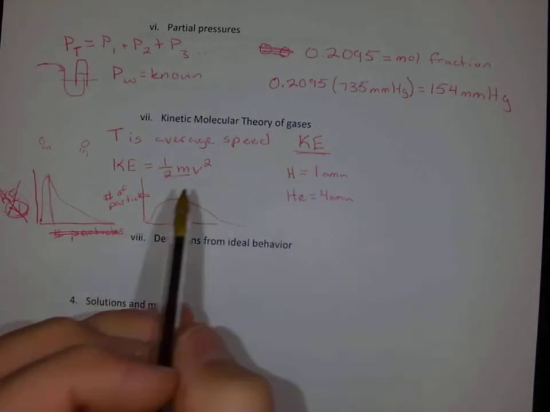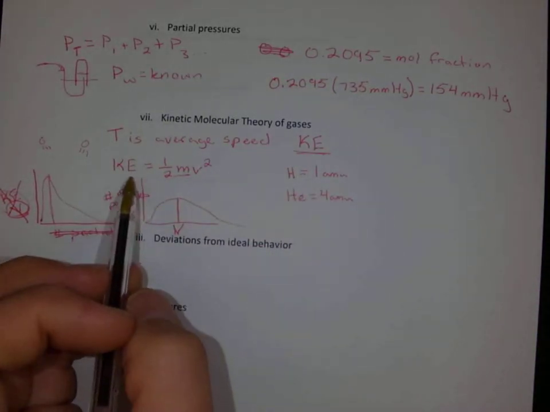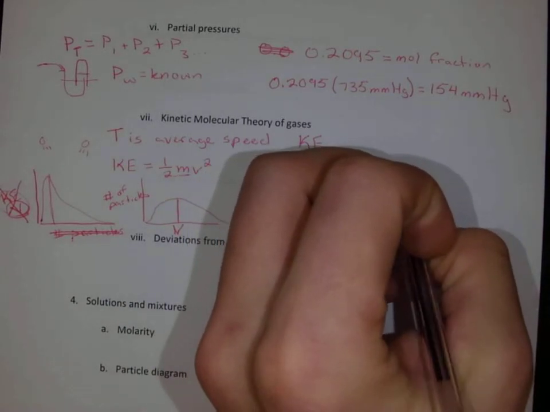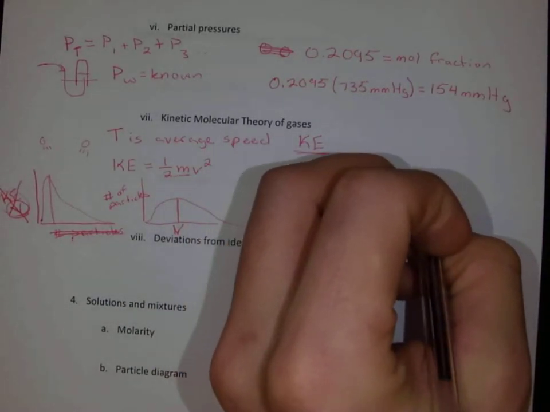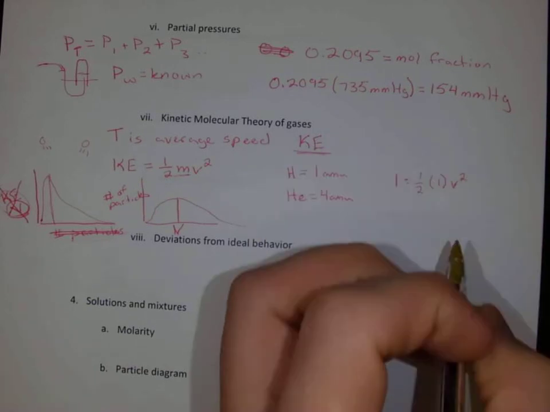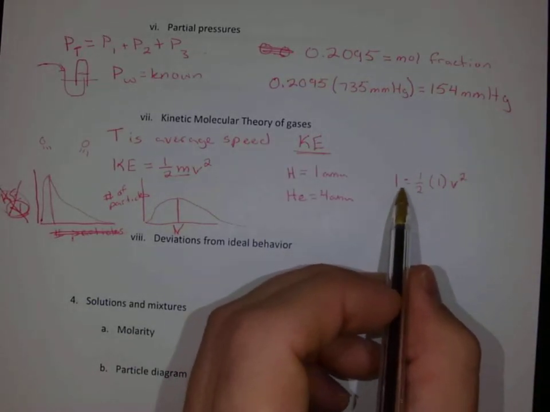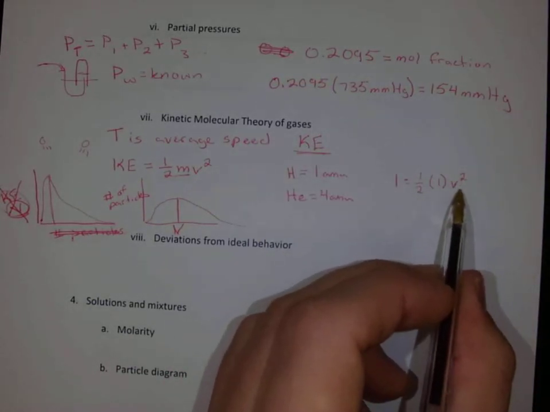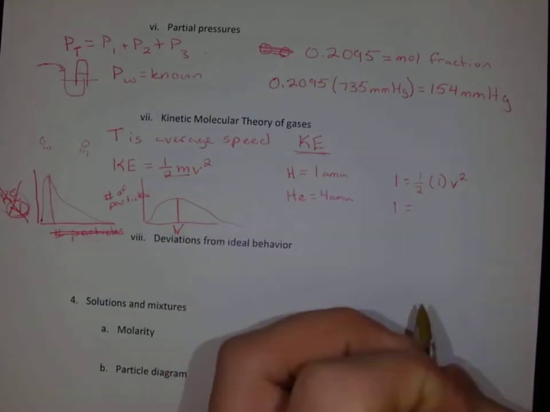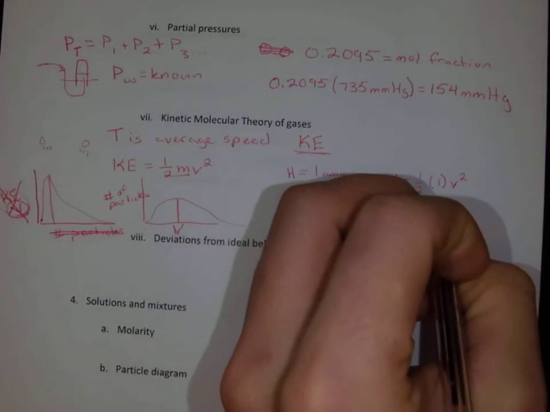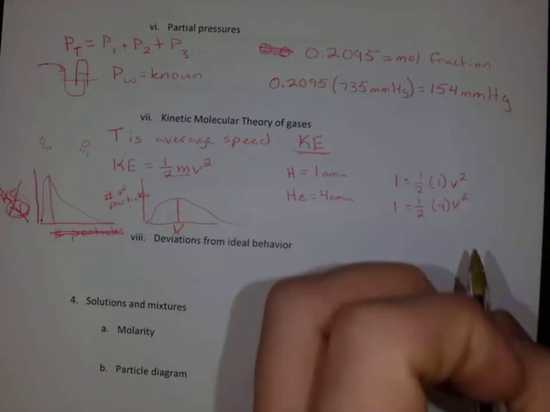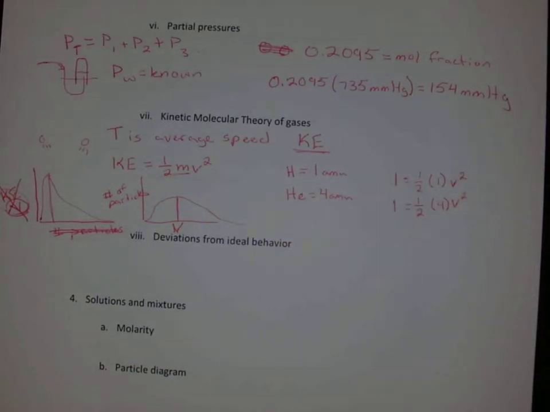So my hydrogen, to have the same kinetic energy, say it's equal to 1: 1 equals 1/2 times 1 times v squared. For me to get up to 1, I need my v squared to be equal to 2. But if I have helium with an average kinetic energy of 1, I have 1/2 times 4. Now my v squared is 1/4 of it.